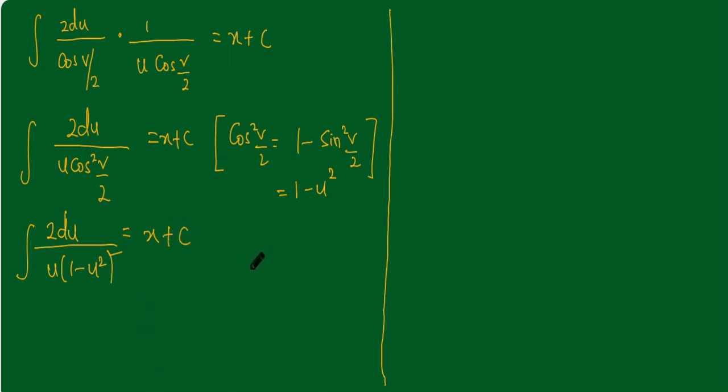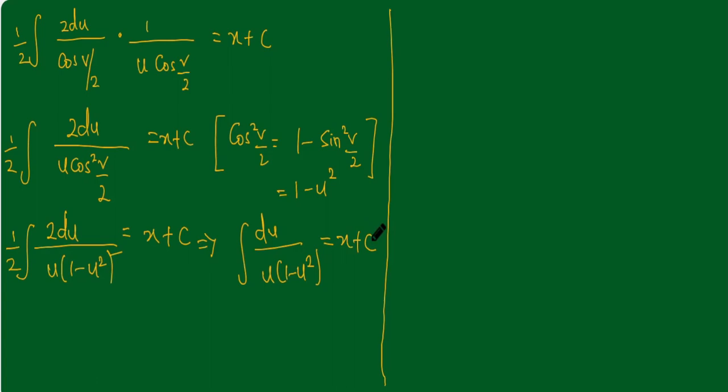So we can go ahead to simplify this. There's a 2 missing here. So this becomes the integral of du divided by u into bracket 1 minus u squared is equal to x plus c.